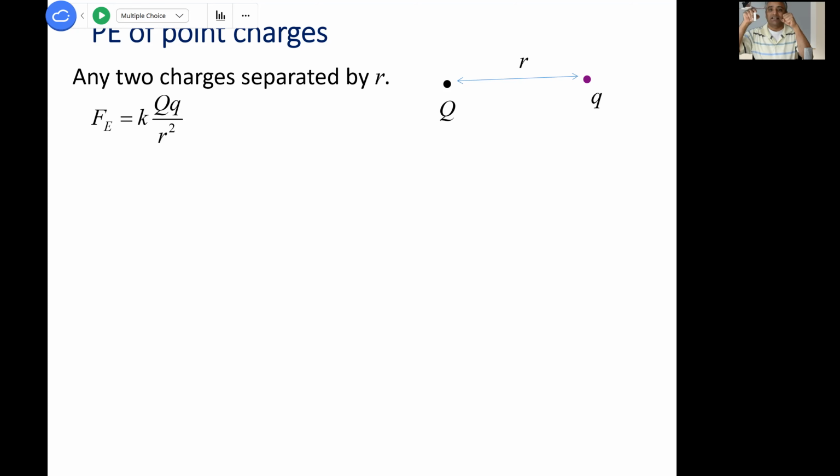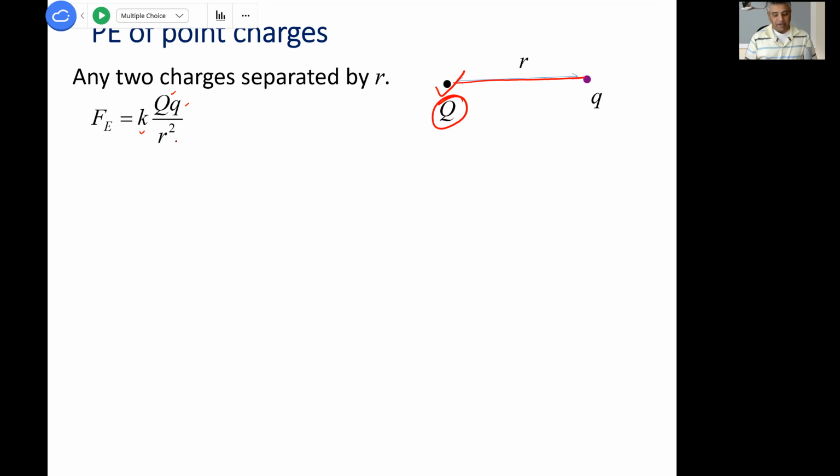What is the potential energy between these two charges then? That's what we want to calculate. The source charge I'm denoting by capital Q, and the test charge by lowercase q, sitting at the distance r. We already know how to find the force between these two charges: kQq over r squared, right?